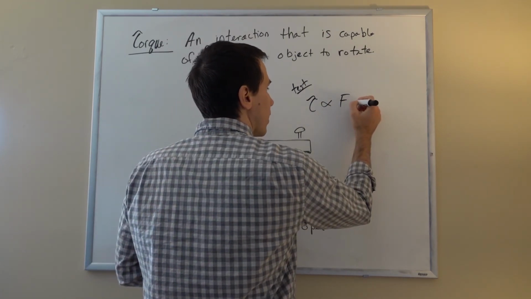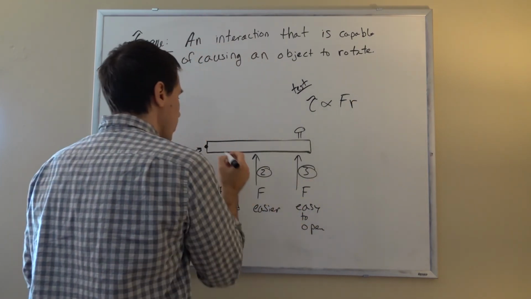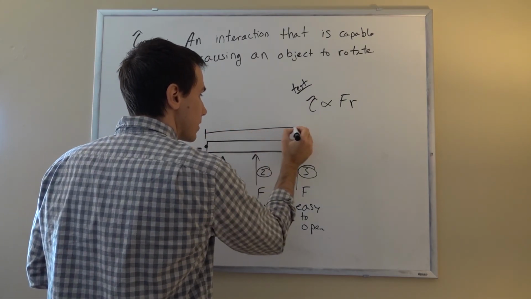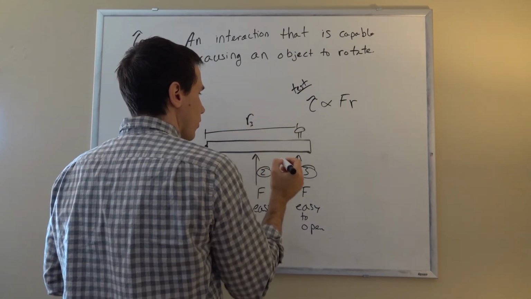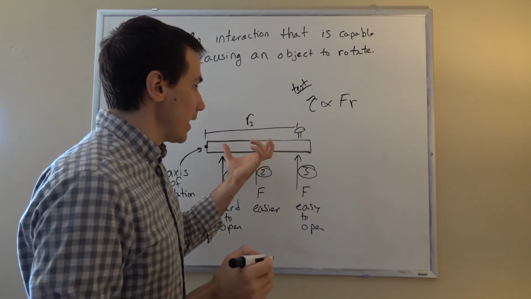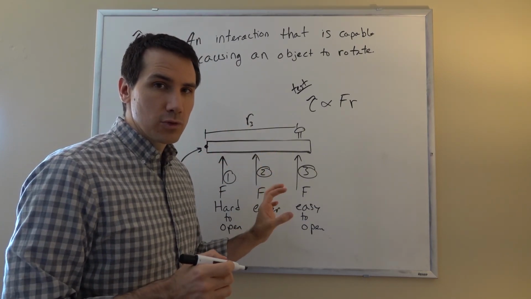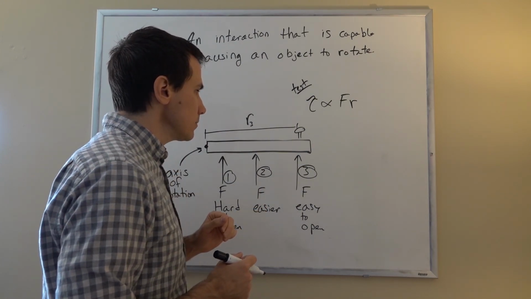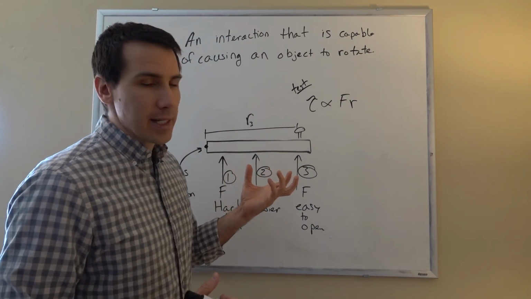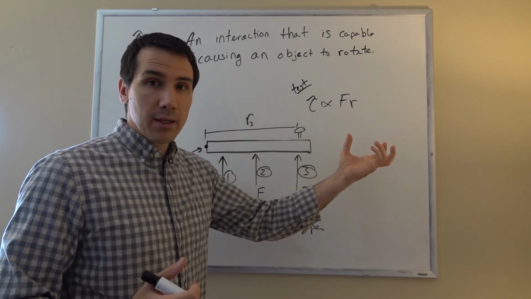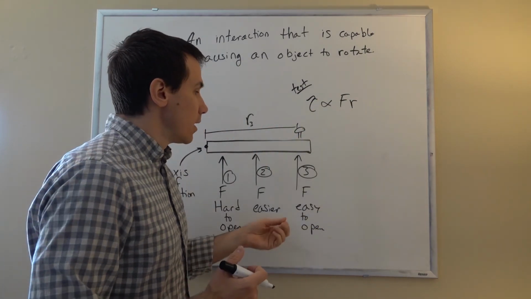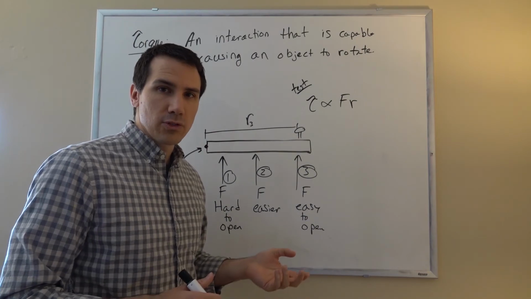And it should be proportional to r, the distance, so that I'd call this r3, the distance away from the axis of rotation where I apply that torque. Okay, so that makes sense. Further away makes it easier to rotate, and more force makes it easier to rotate.